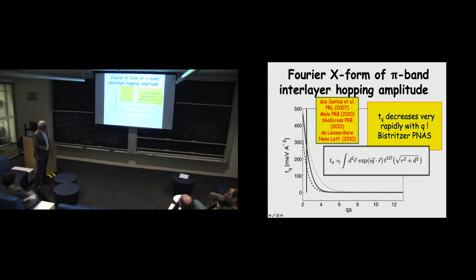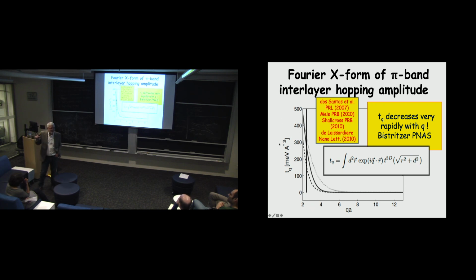And so in this paper we introduced this quantity. This is just for a tight binding model. It is a 2D Fourier transform of this pi orbital to pi orbital hopping amplitude. And the point is that if the layers are far apart, this function will always be a rapidly decreasing function of wave vector. So that's one point.